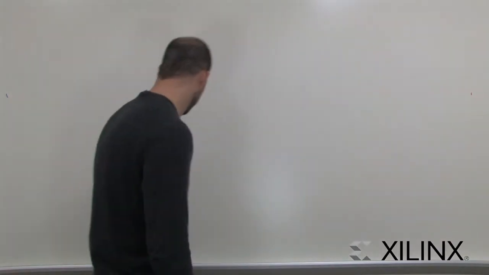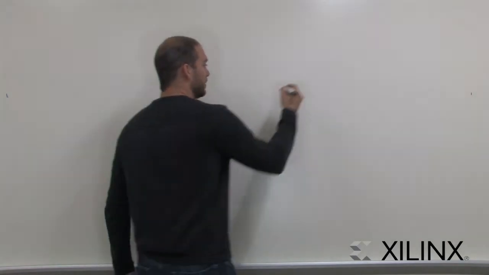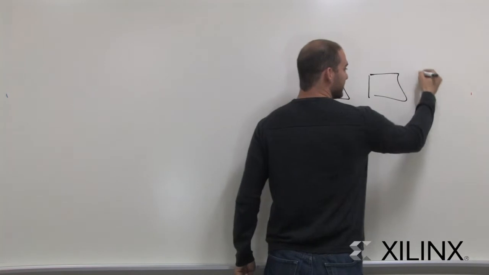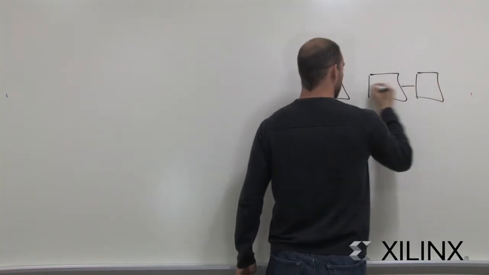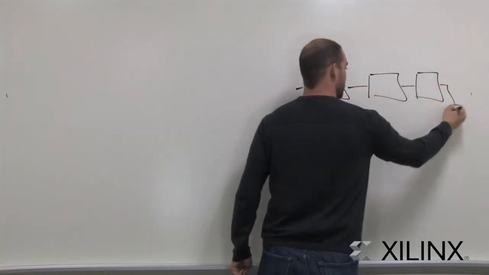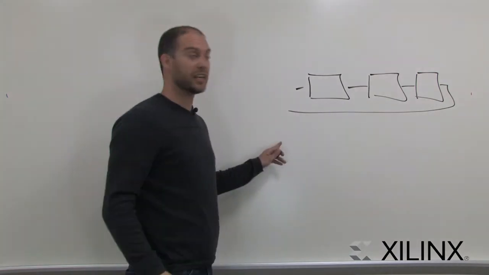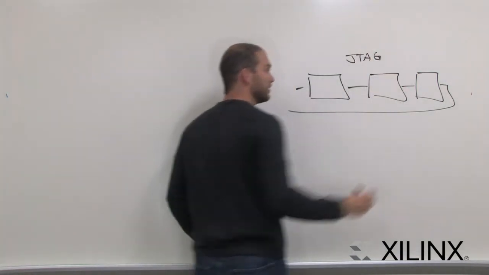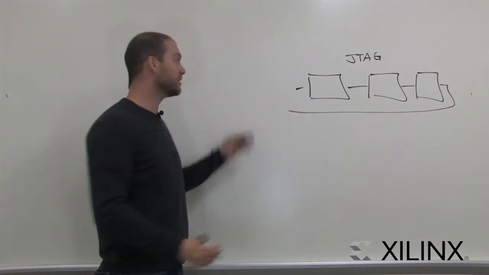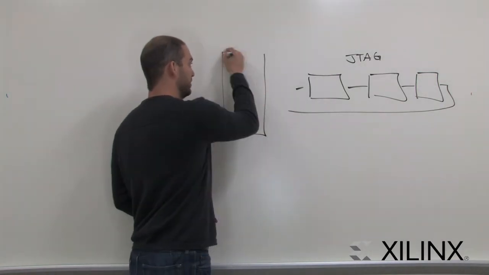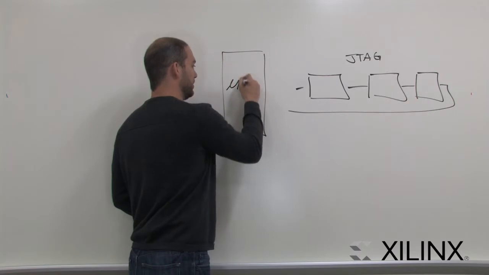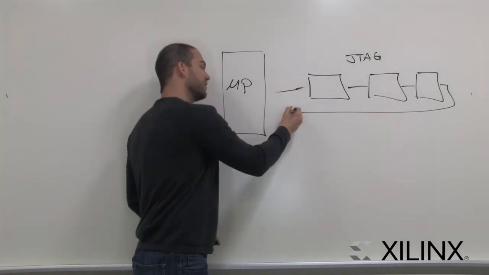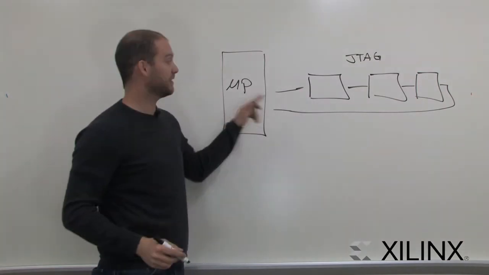For starters, an overview of the system will contain multiple devices in a JTAG chain. This system will also need to contain a microprocessor that has the capability of driving the JTAG lines.